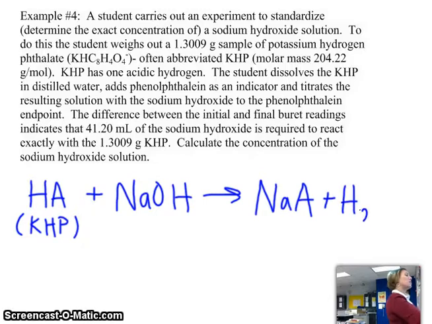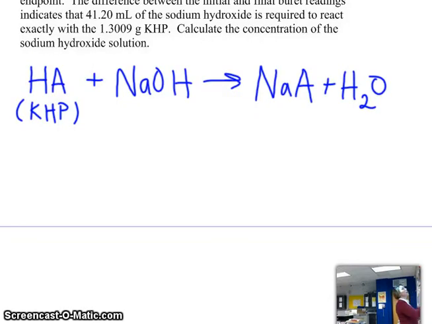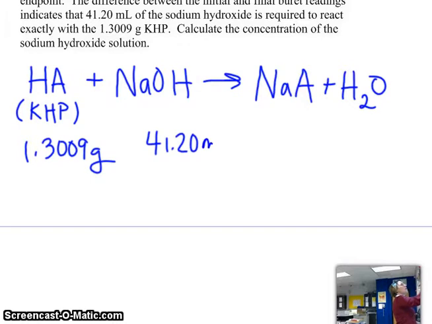NaA plus H2O. Okay? And we are starting with 1.3009 grams of this, and it takes 41.20 milliliters of this. They want concentration or the molarity of your base. So again, this should be very much review for you for what you did in the lab.